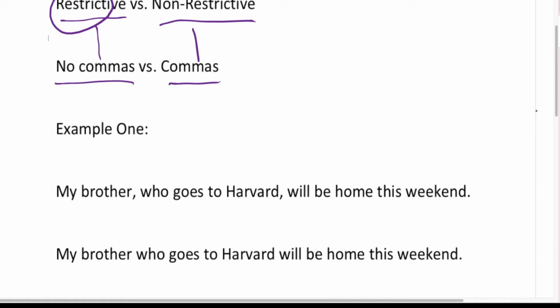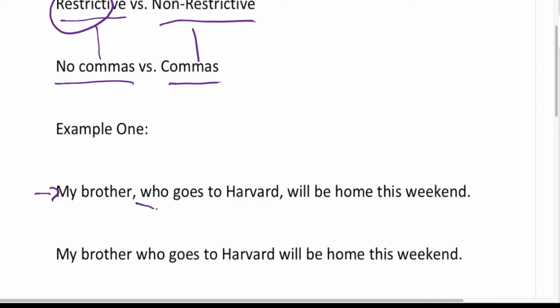Here's the difference. I'll give you a big hint. In one of them, I have more than one brother, and in one of them, I only have one brother. Does that help? Okay, so this one here, the first one, I only have one brother.